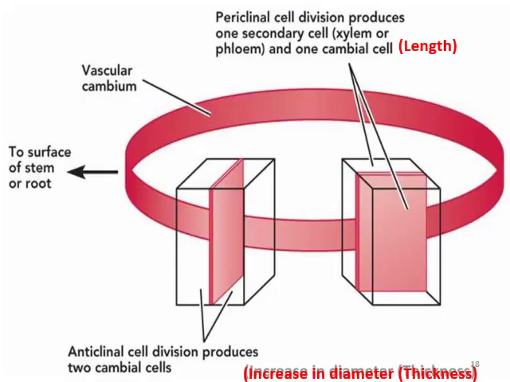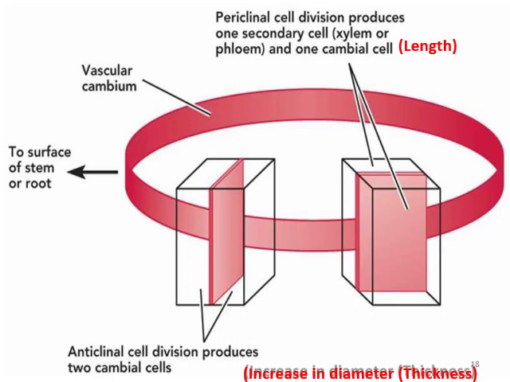These two initials, the fusiform initial and ray initial, undergo two types of division. One is called periclinal and the other is called anticlinal division. When periclinal division occurs, it adds to the length of the stem or root, while anticlinal division increases the diameter of the vascular cambium.